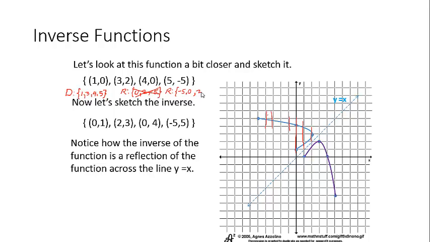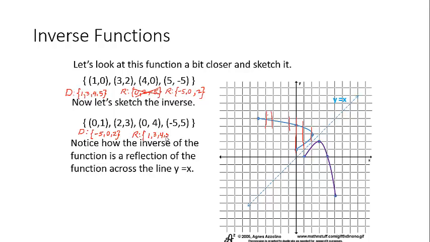Okay? So if I make a list of the domain and range for the original function, and I do the same thing for the inverse, watch what happens. Here the domain is negative 5, 0, 2, if I write it in ascending order, and the range is 1, 3, 4, 5.